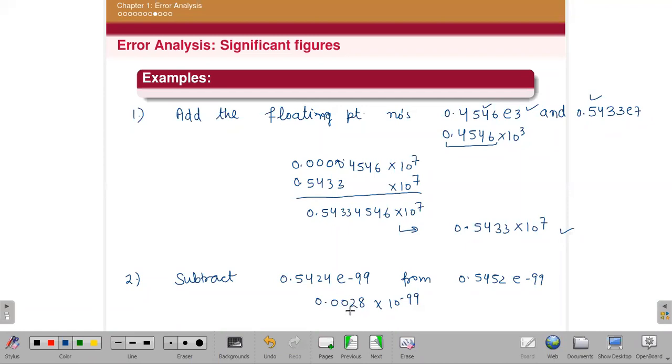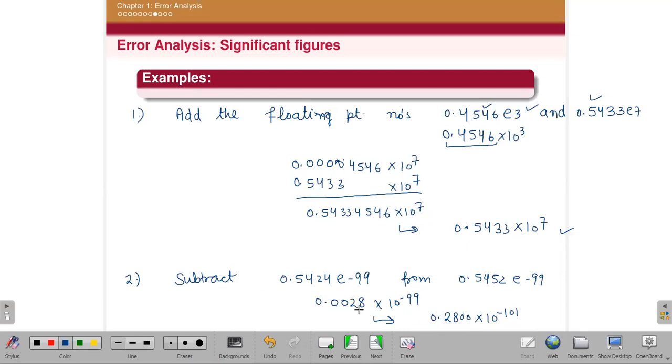Now to maintain the same number of significant digits as our inputs, you have to take 0.2800 times 10 raised to power minus 101, because these zeros are significant by the significant digit rules. Now it contains 4 digits.